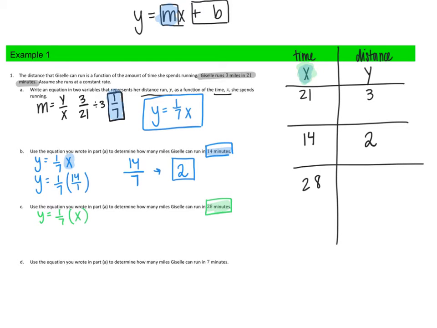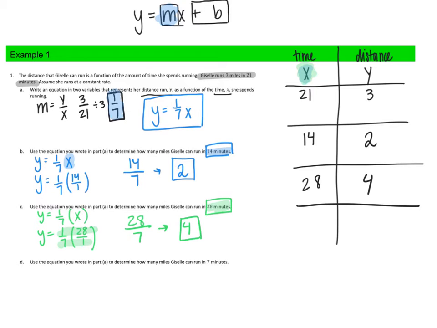This time I'm doing times 28, so y equals 1/7 times 28. Because I'm multiplying a fraction, I just put 28 over 1. And I'm going to multiply. 1 times 28 is 28. 7 times 1 is 7. 28 over 7 is the same as 28 divided by 7, which is 4. So, in 28 minutes, she can run 4 miles.